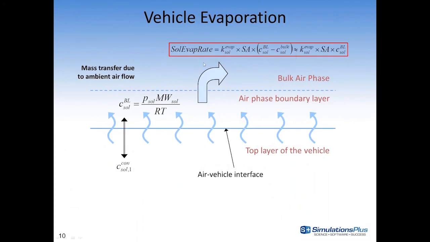The solvent evaporation rate is roughly equal to this concentration multiplied by the application surface area, and also multiplied by this K-evap term, which is the rate constant of the evaporation.